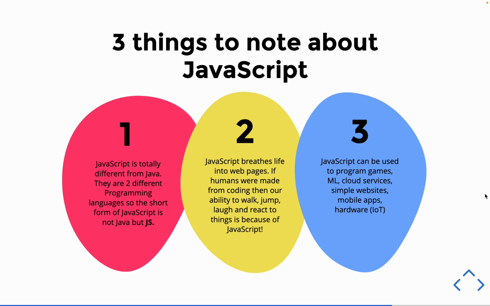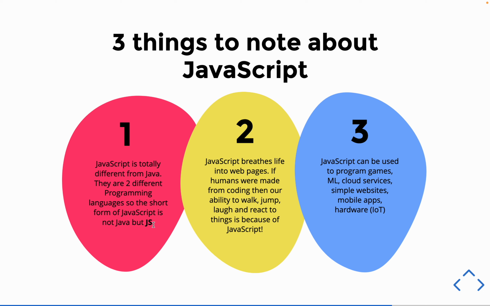So there are 3 things to note about JavaScript, and JavaScript is totally different from Java. They are 2 different programming languages. That's JavaScript and Java. So if someone says, "Hey, I program in Java," don't think it's JavaScript. He literally means Java. Java is a programming language on its own.